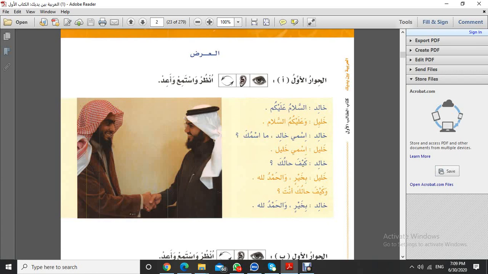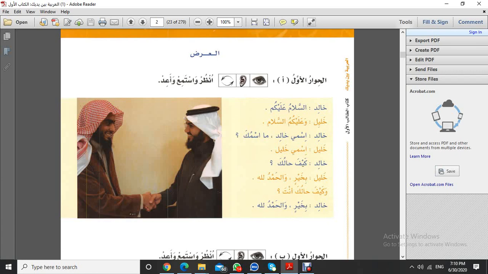First, I will translate all these and tell you about some rules and how to make the sentences. Inshallah, you will be able to understand this. And then with your pair, one will become Khalid and the other Khalil.